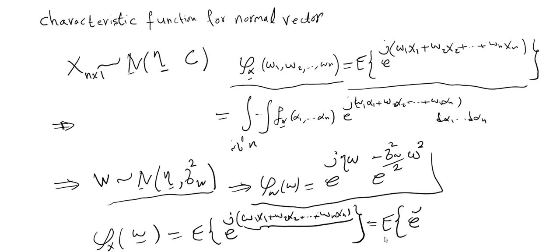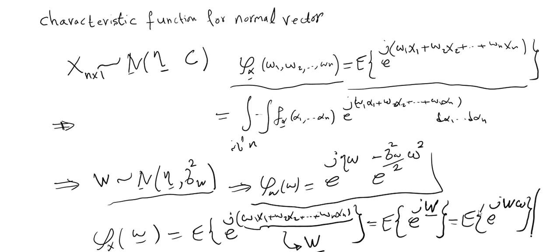Now we have the expectation of exponential of jW, and this is actually the characteristic function of W when we put omega equal to 1. It's one point of the characteristic function of W. The characteristic function of W is like this, and when we put omega equal to 1, we have this.